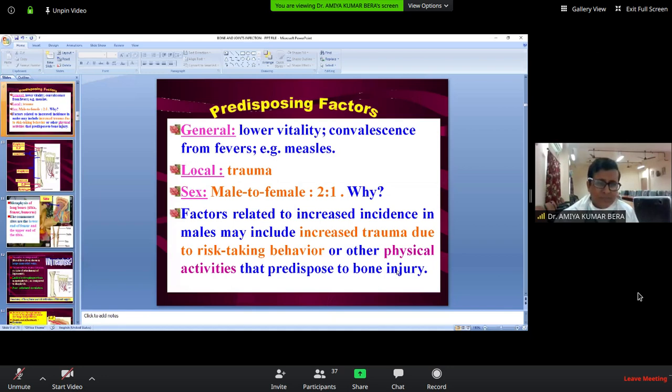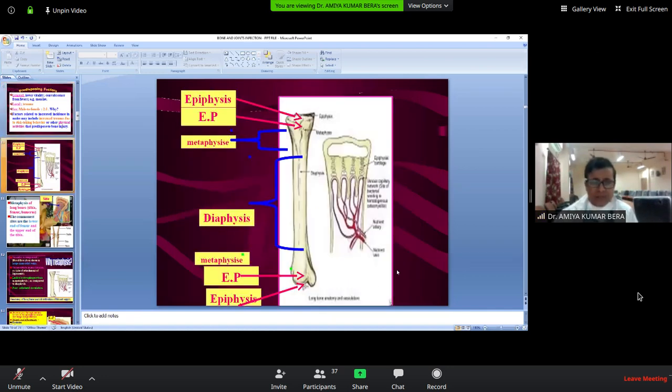Which part is affected? It's the ends of the long bones, which are called epiphyses. Not the end, it's near the end, it's metaphyseal. It's the metaphysis where osteomyelitis in children occurs most. It may involve the diaphysis thereafter also, but the epiphysis is resistant.